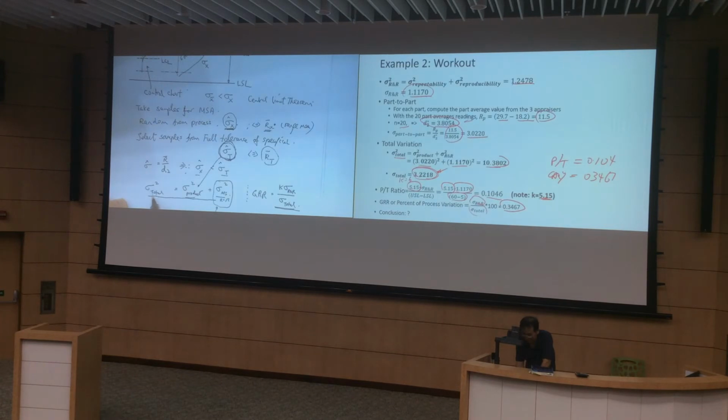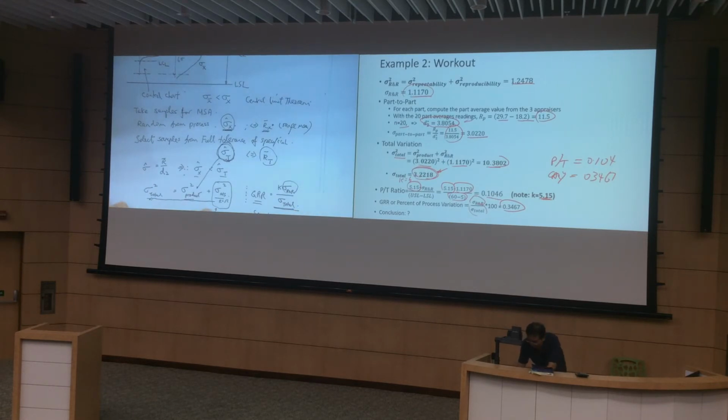So this value, based on this sample, will be big. If it's big, what happened to this value? Small, right? So if you use this, your gauge R and R will be small, right?